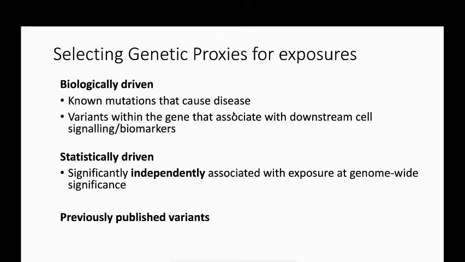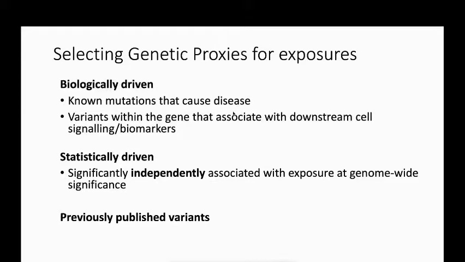Or alternatively, we could look at variants within or around the gene that associate with downstream cell signaling or biomarkers. For example, if you wanted to study the effect of ACE inhibitors, which are an antihypertensive medication, you could look at variants within the ACE gene, and how they then associate with systolic blood pressure, for example.